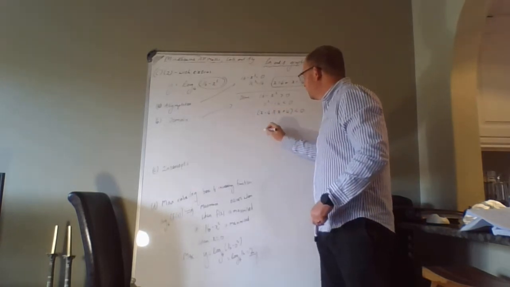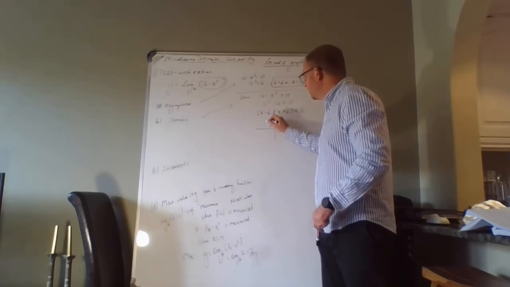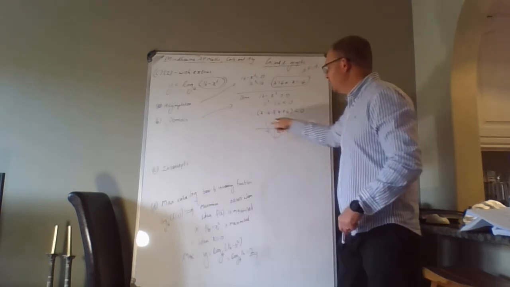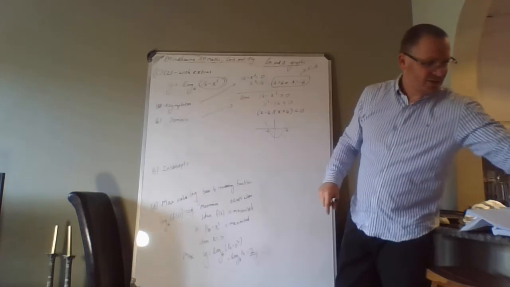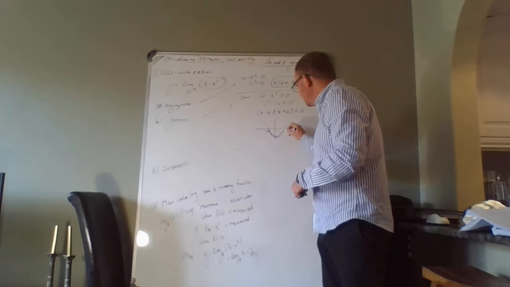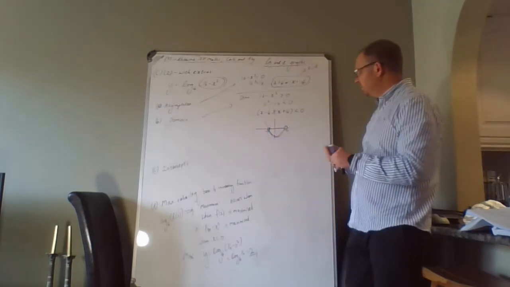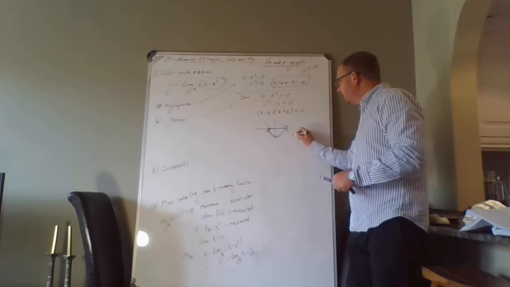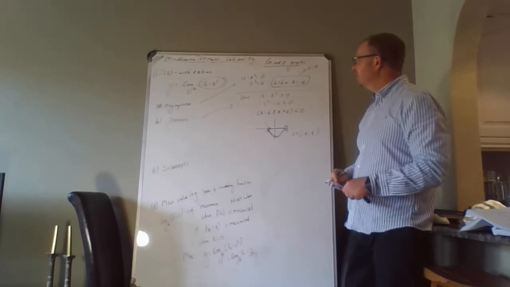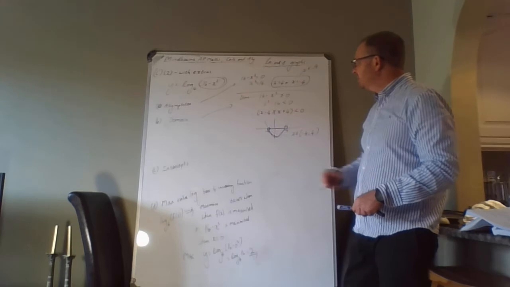If we think of this as a positive parabola, the intercepts are going to be at negative 4 and 4. And we want to know where the function is less than 0, and the function is less than 0 between negative 4 and 4. So your domain is x is an element of negative 4 to 4, not including your end values.